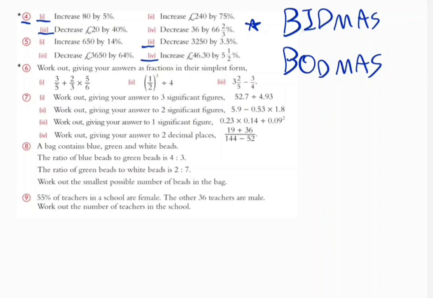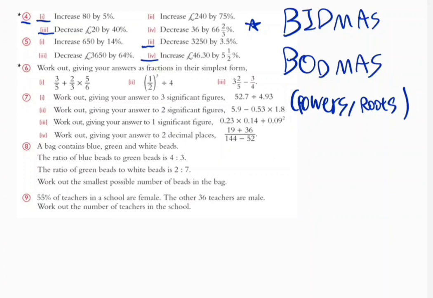I think all of them are obvious except the second one. When they say indices or orders, they mean things like powers and roots in general. And that's the order that we follow when we do multiple operations in a row.